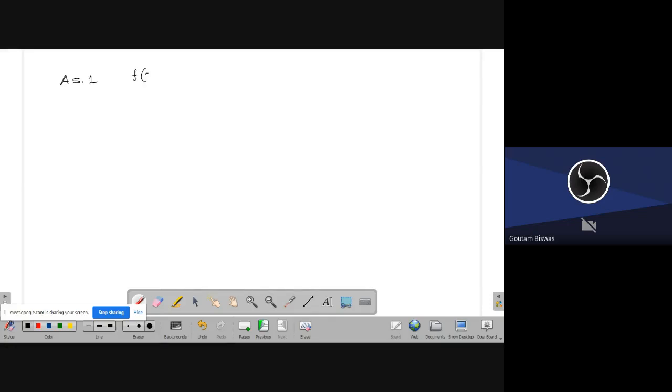F(x, y, alpha) is equal to a square x square sec square alpha plus b square y square cosec square alpha minus (a square minus b square) whole square equals 0. Find the envelope, only envelope.